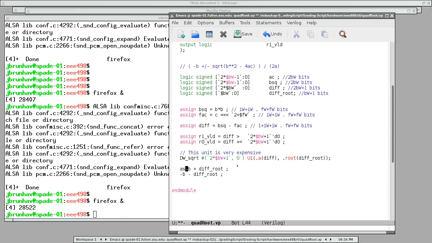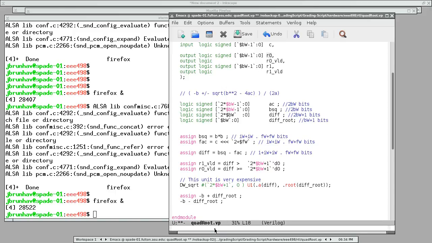And we will go ahead and set those straight to R0 and R1.